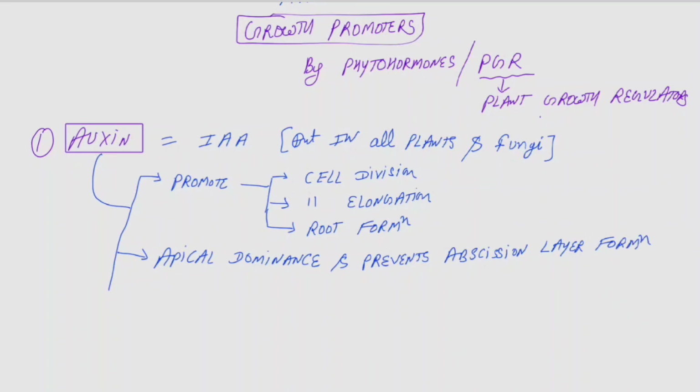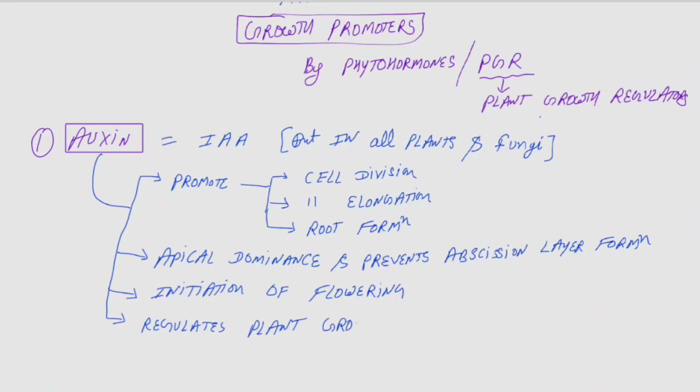Abscission layer formation, as well as initiation of flowering, is done by auxin, and it regulates plant growth movement.